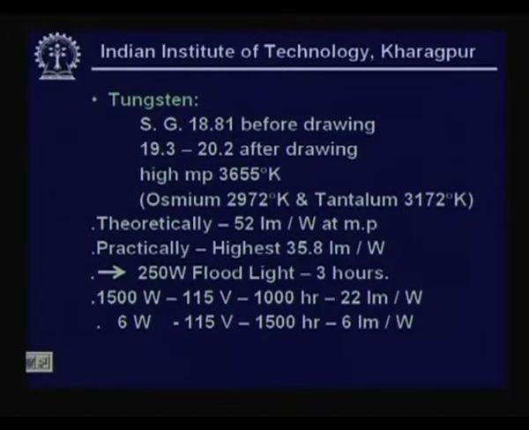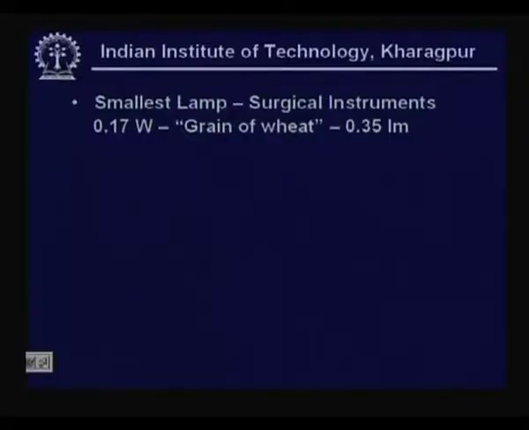The issues are twofold. In fact, if you see this, even at such low wattage, we are having better than what it was in the initial stages. The smallest lamp developed is employed in surgical instruments. In fact, this is often called grain of wheat, which consumes about 0.17 watts and delivers about 0.35 lumens.